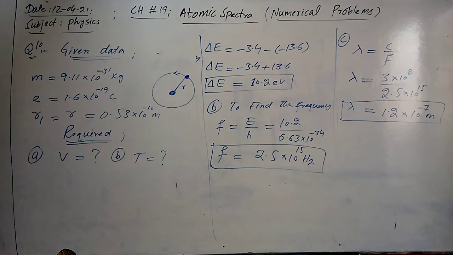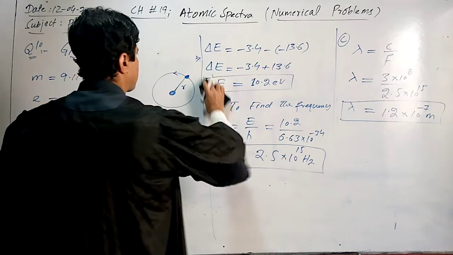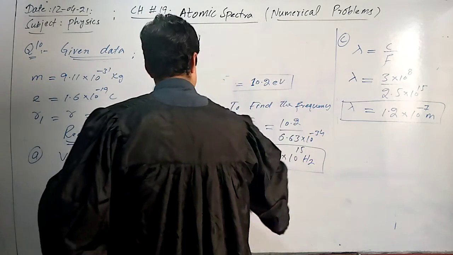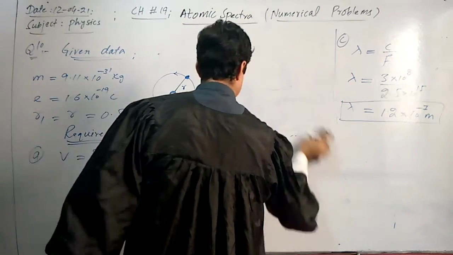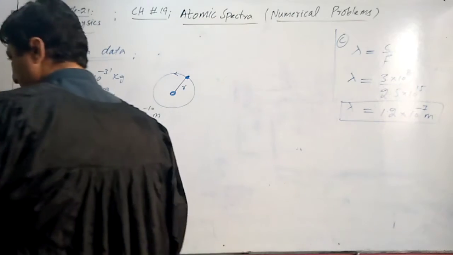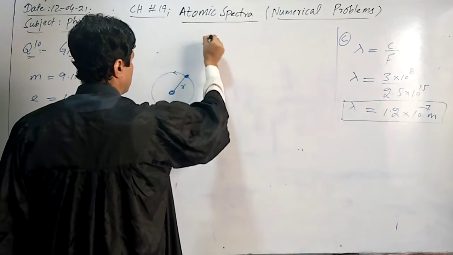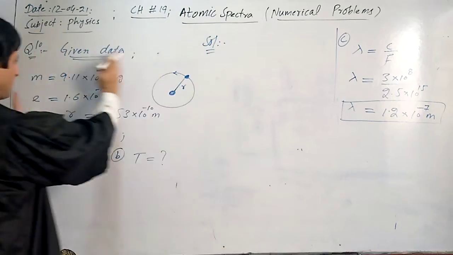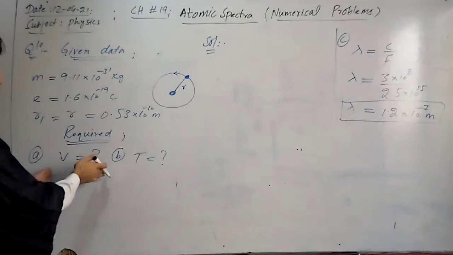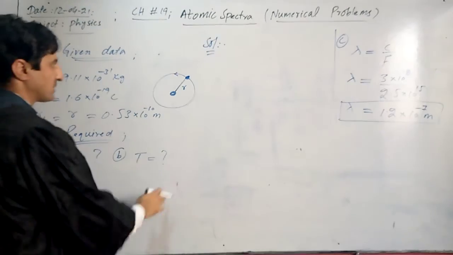Now to find the speed of the electron, we have a formula. How to calculate the speed of the electron? On this side these are the given data and this is required, so we can start the solution here.